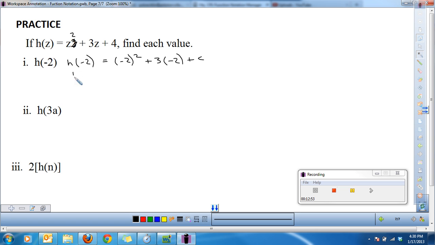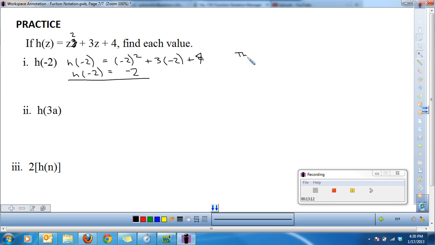So now, what that's going to look like is h of negative 2 equals, and your final answer should have been, sorry, that 4 didn't work. Your final answer should have been negative 2. H of negative 2 is negative 2.